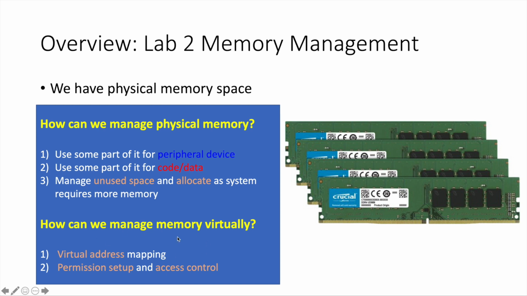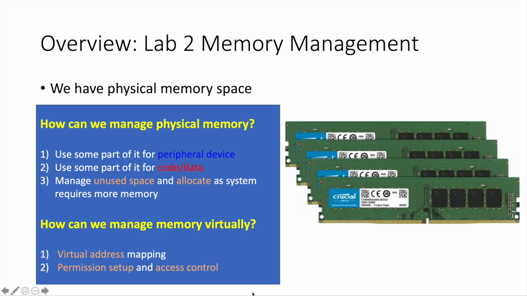The second half is managing virtual memory. In this regard, we will implement virtual to physical address mapping, and also the part for setting up memory permissions and applying access control to memory space. This is for bringing the 3 benefits of virtual memory to JAWS: transparency, efficiency, and protection.